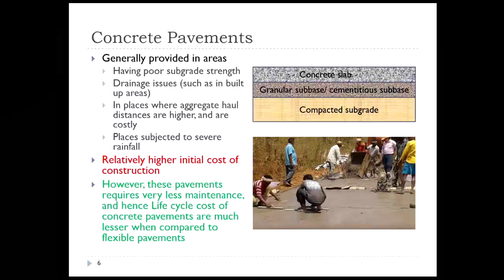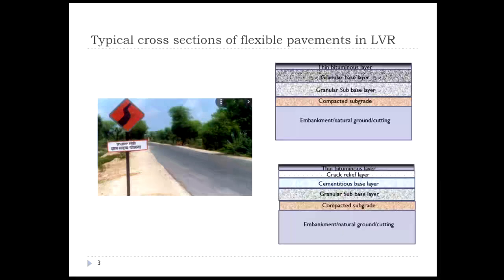Now, this point I have put up. If you look at your conventional flexible pavement, if you remember this particular sketch, it requires aggregates. It requires a subbase layer, granular subbase layers. It requires granular base layers. It requires a bituminous layer. So in all these layers, when compared to conventional concrete pavement, this requires larger aggregate consumption.